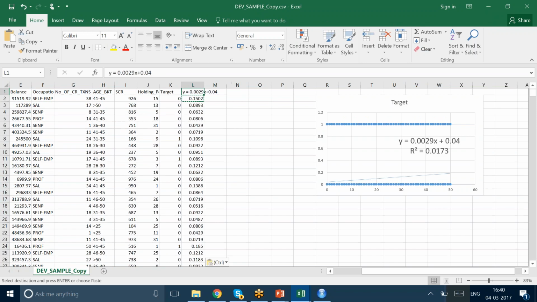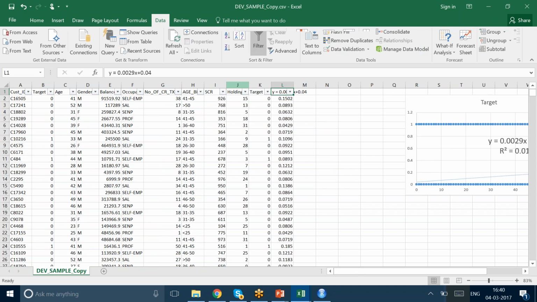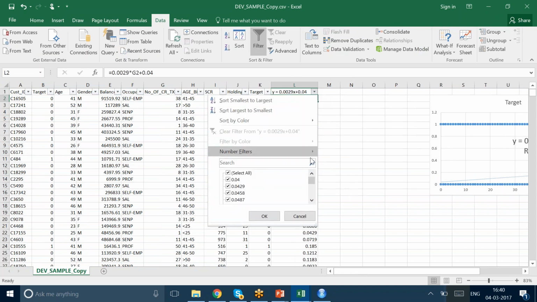This is the prediction I'll get. Let us see if all values are between 0 and 1. Fortunately, it may so happen that all values are between 0 and 1, but there may be some cases for which it may not come between 0 and 1. Here fortunately all of them are between 0 and 1.